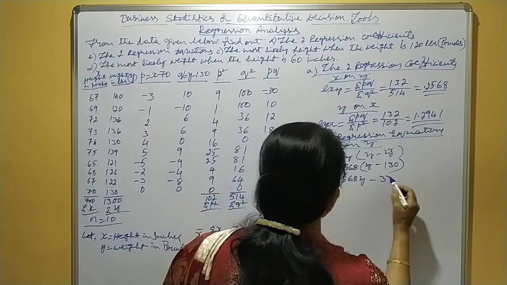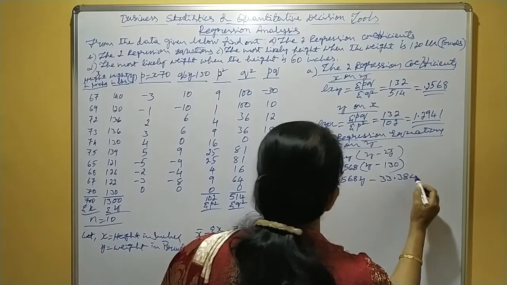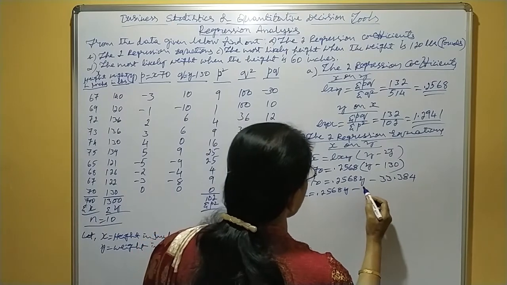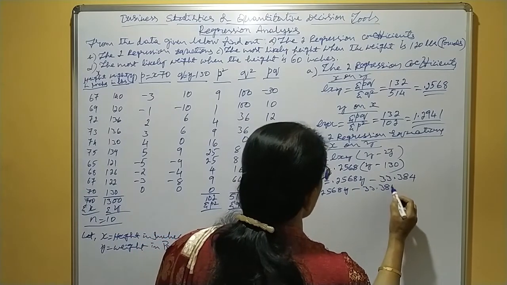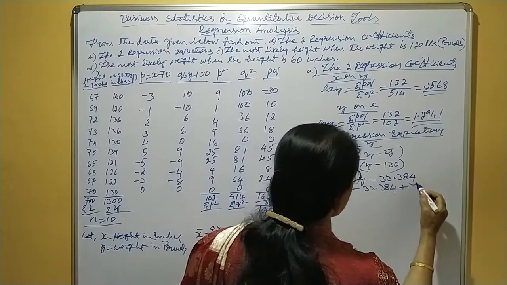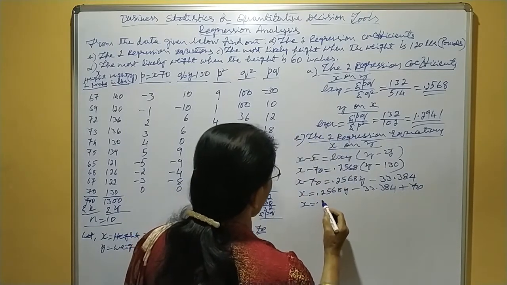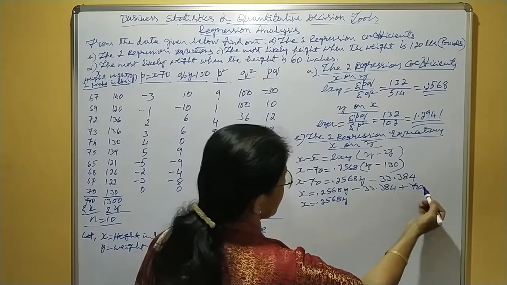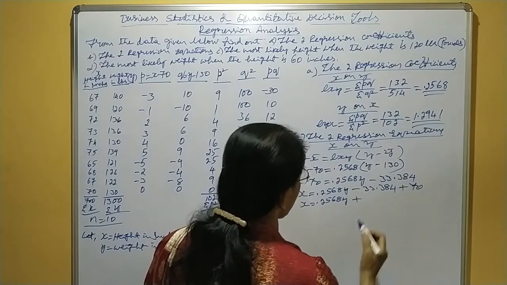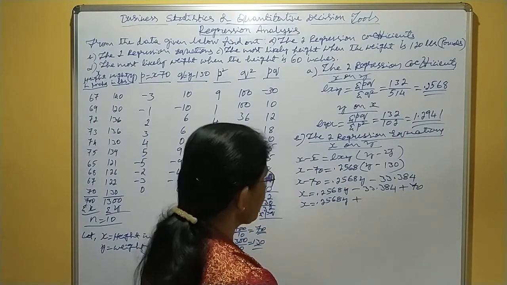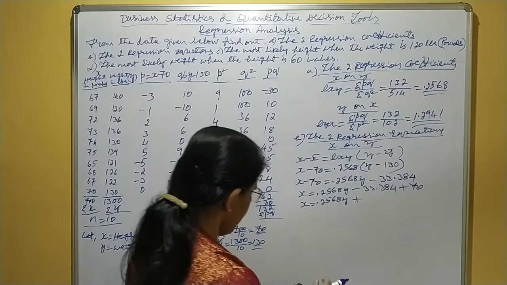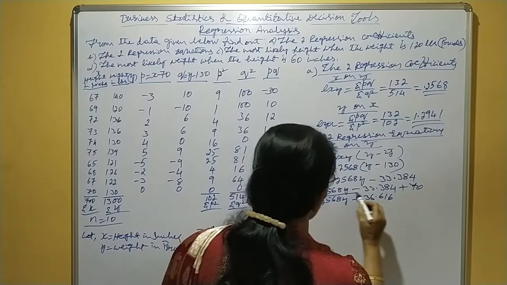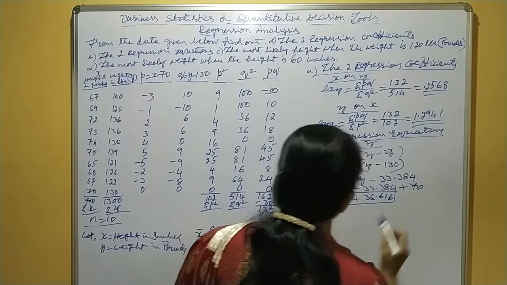It is 33.384. X equals 0.2568y minus 33.384. This minus will become plus 70. X equals 0.2568y. Here one is minus value, another one is plus value. Take the difference. Highest value sign is plus, 36.616. This is the regression equation of x on y.